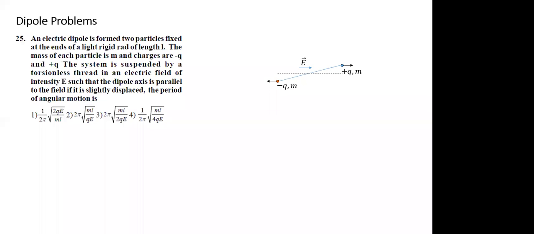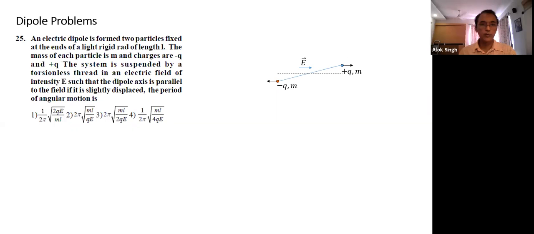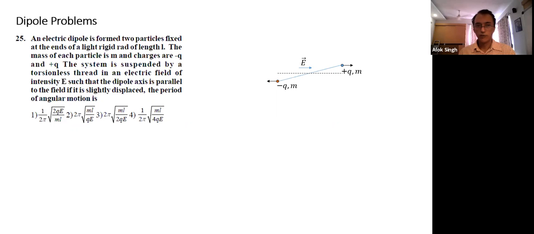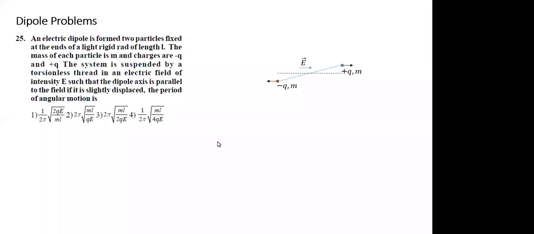Sir, ML by 2 QE. Among these four options, 1, 2, 3, 4, which option? 2 pi root ML by 2 QE. Third option, you think. So good. So you remember something about SHM motion. Tejas, you have an answer? Yes, sir. Very good.